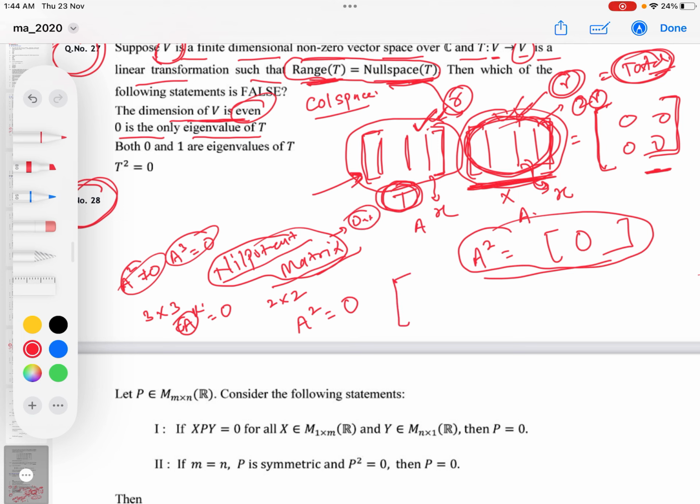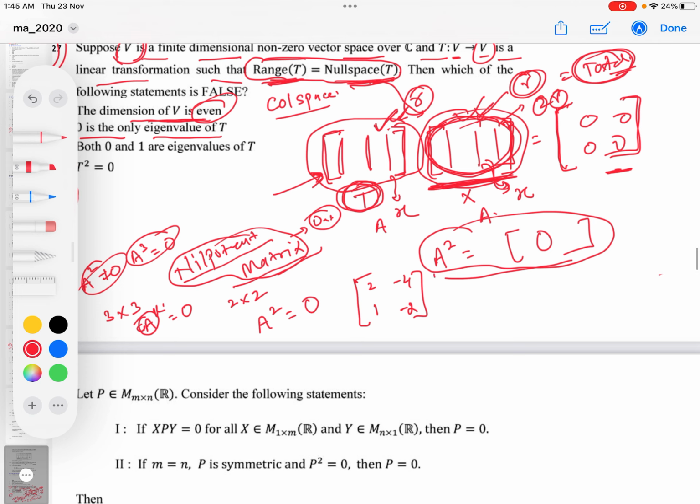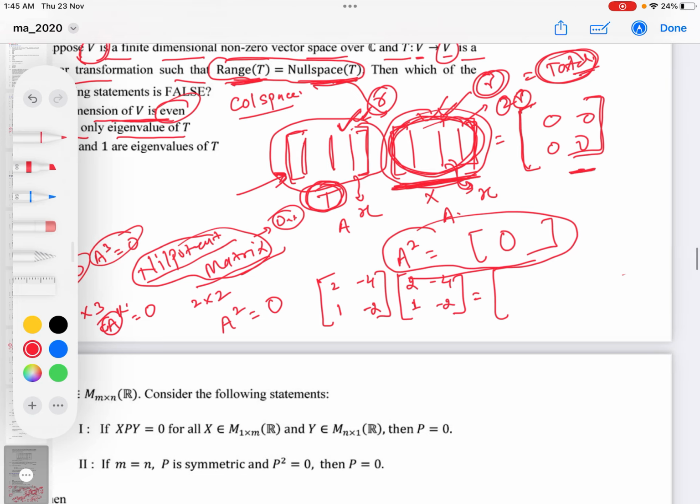So let's take a 2 by 2 matrix: 2, 1 and minus 4, minus 2. The determinant of this is 0, correct? And if we multiply this by itself, it should give 0, right?